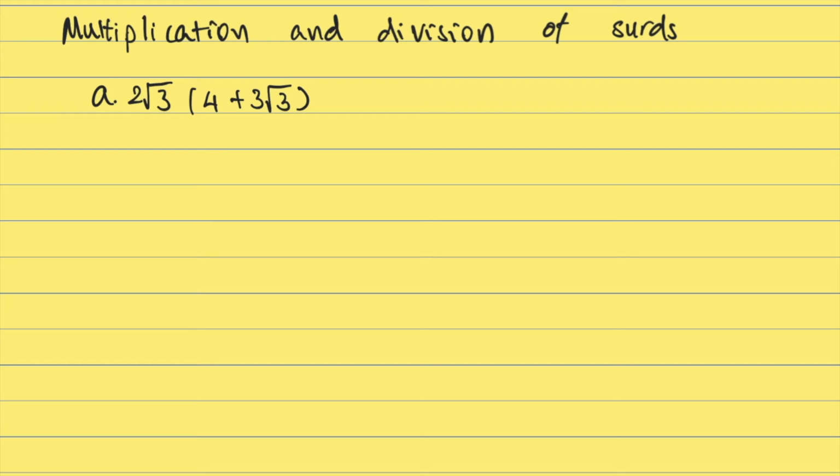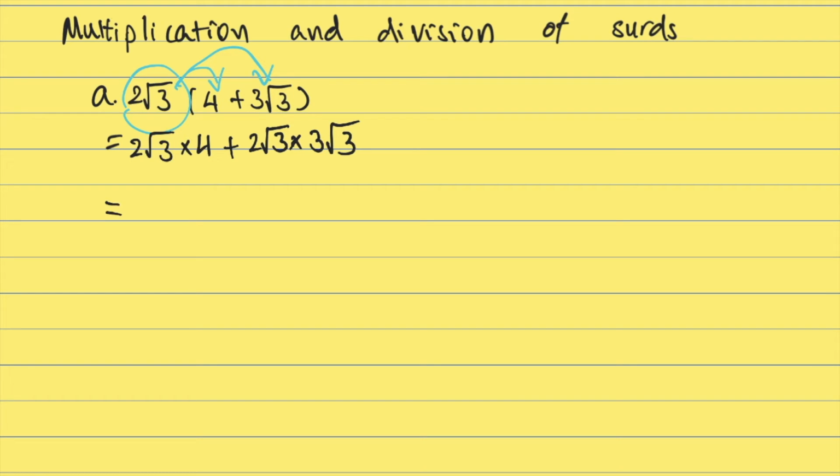Question A. 2 square root 3 times bracket 4 plus 3 square root 3 bracket. Just as we do in algebra, we can multiply 2 square root 3 by each term in the bracket, which gives us 2 square root 3 times 4 plus 2 square root 3 times 3 square root 3.